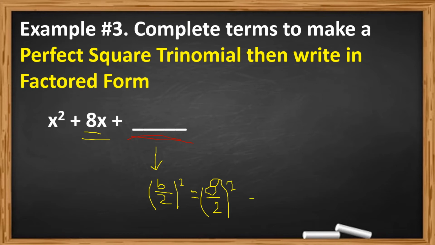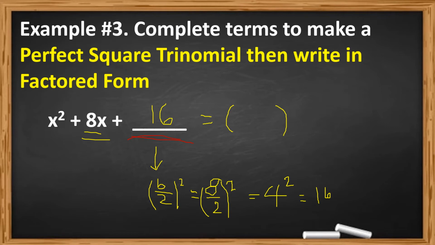Quantity squared equals 8 over 2 is 4. But 4 squared is 16. So therefore, the last term of our perfect square trinomial is 16. And we have to transform it into a factored form or square of binomial.